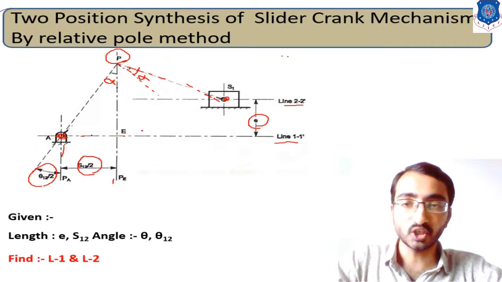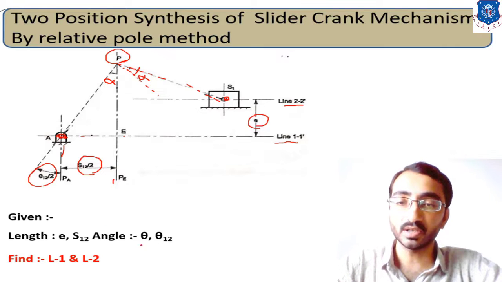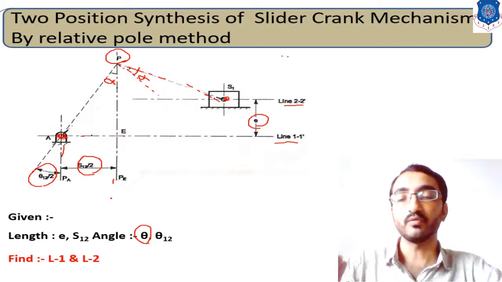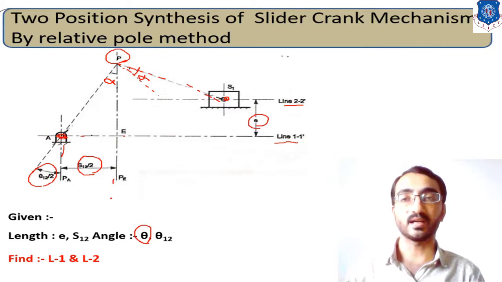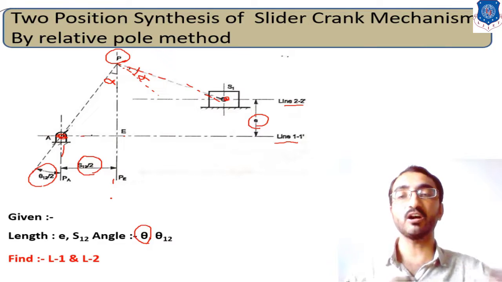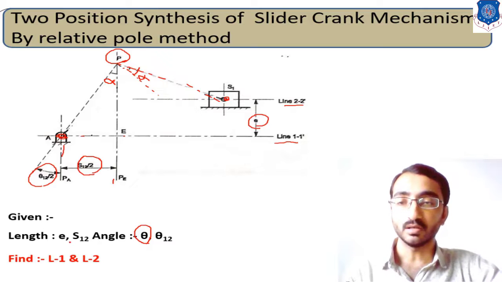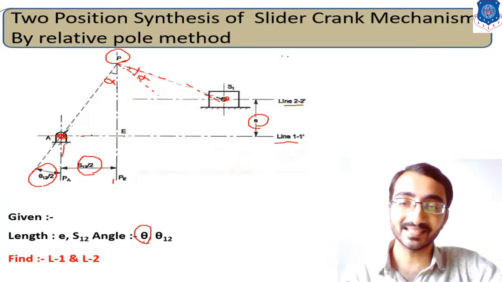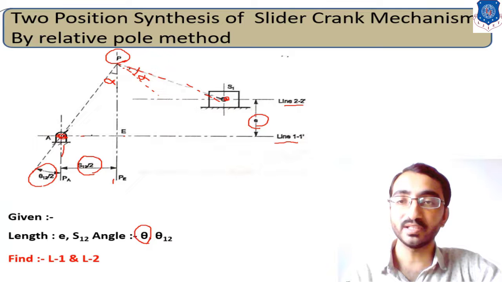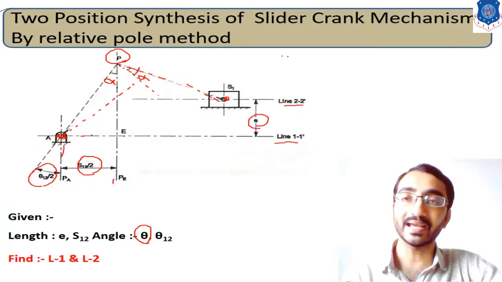Now the rest of the data: they have given the angle theta. We don't know the length of our crank, but they have given the position of your crank. So let's consider this theta angle. With reference to this horizontal line, you have to draw a line which is at angle theta.